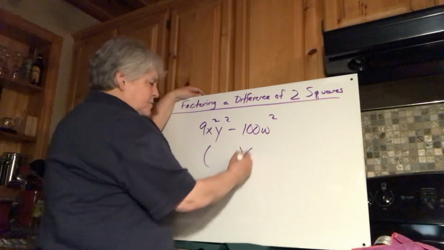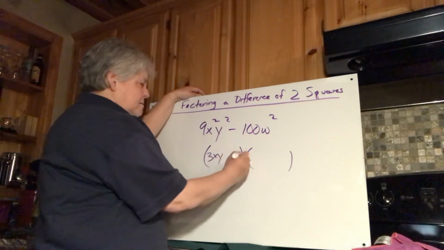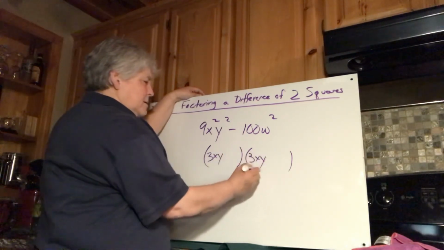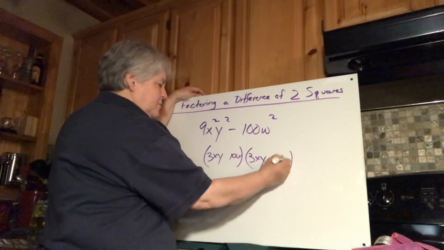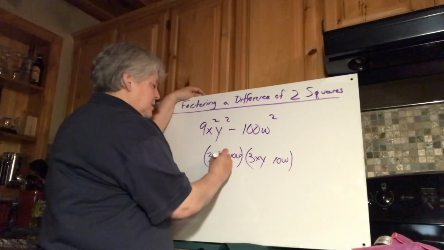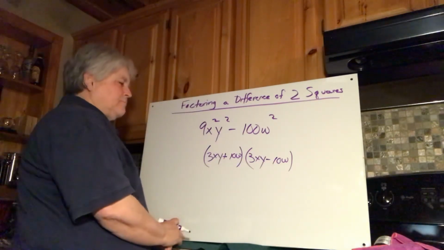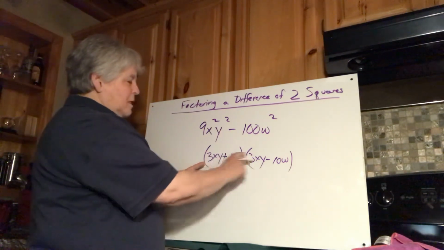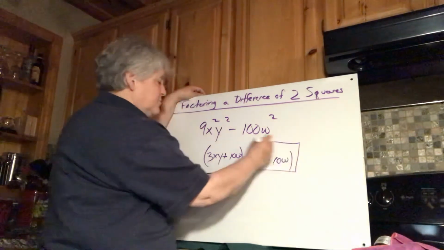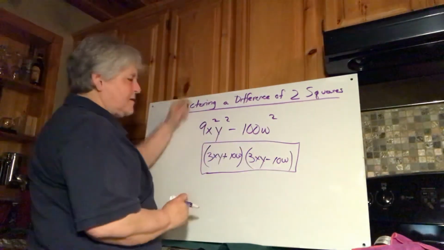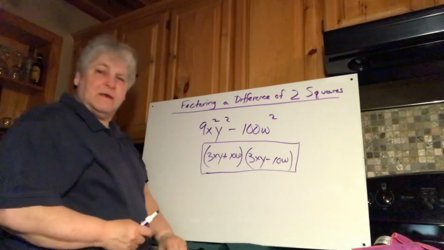So I write two sets of parentheses. 3xy, 10w, 3xy, 10w, and then a plus sign and a minus sign, again, the order not mattering. This is going to multiply back to this, believe it or not. So this is the factorization, where we have successfully factored this because it's written as stuff times stuff.